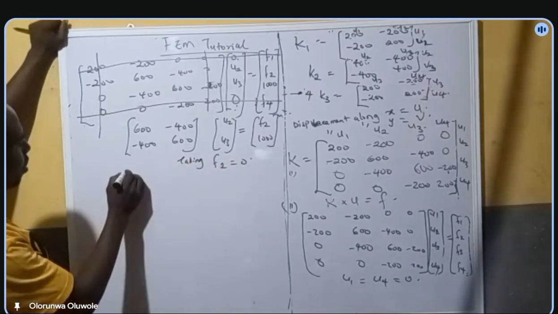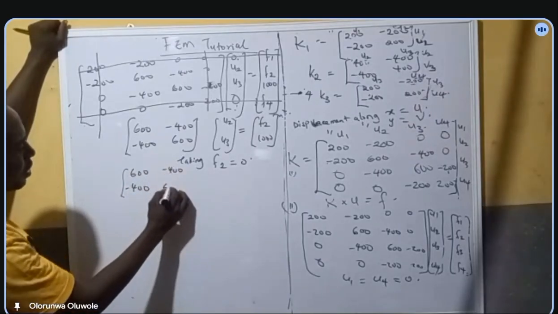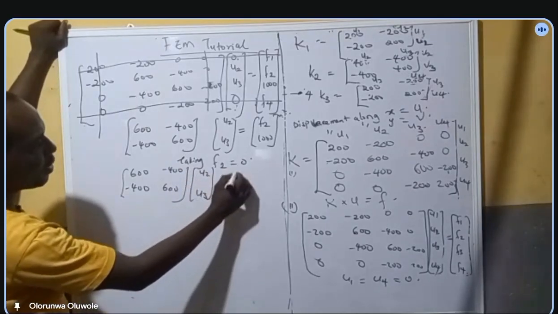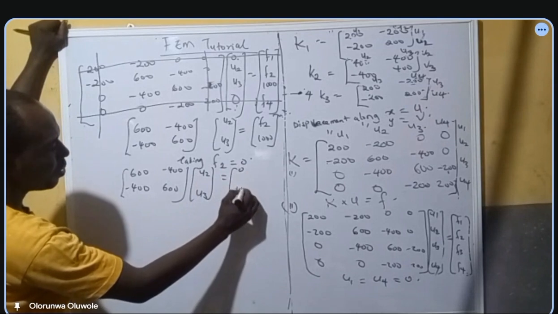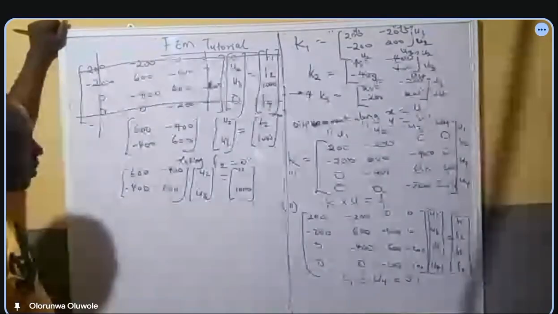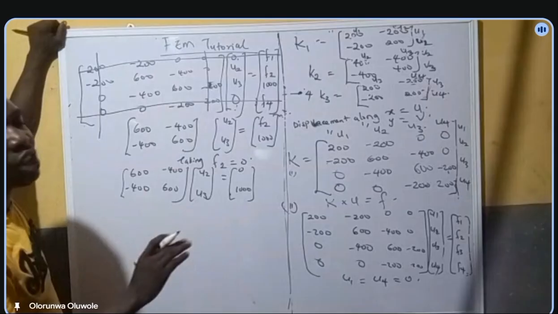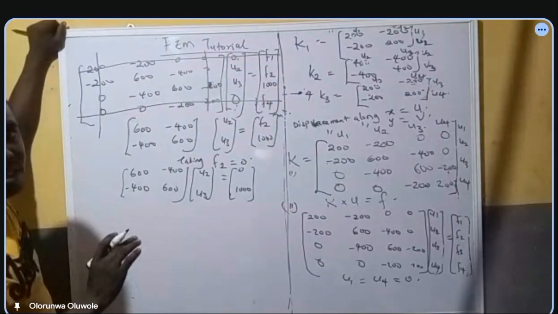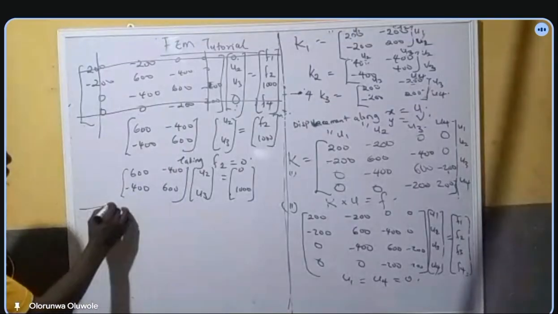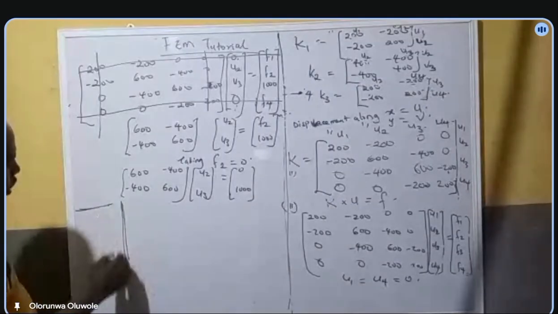Then we take F2 to be 0. We are going to have 600, minus 400, minus 400, 600. Then you have U2, U3. Then you have 0 and 1000. Hope we get it. Then just use your normal multiplication of matrix. How you multiply matrices: the row will multiply the column.